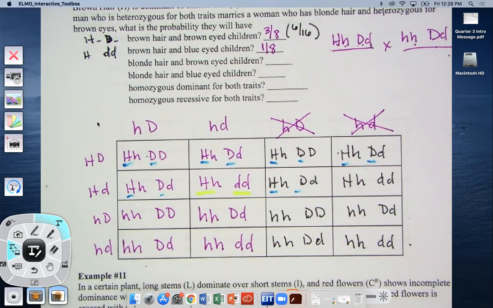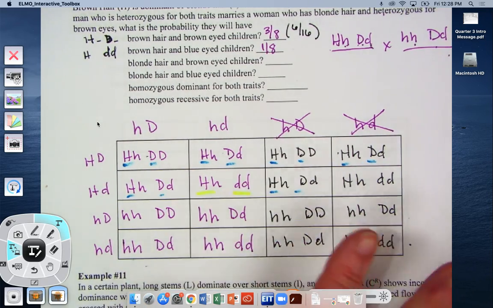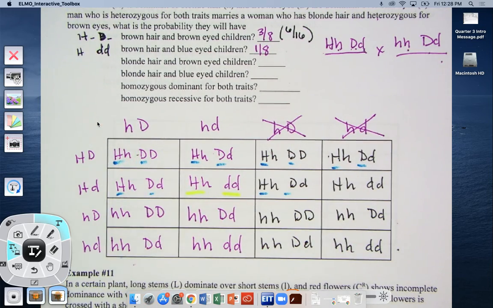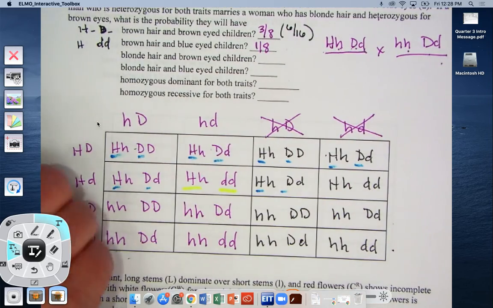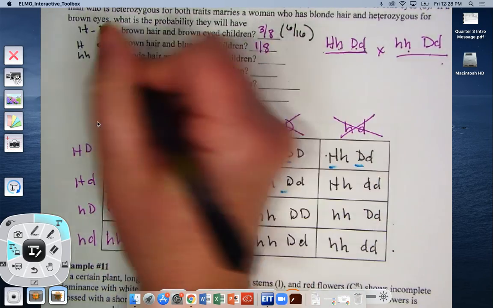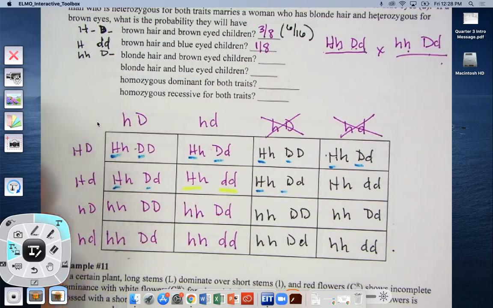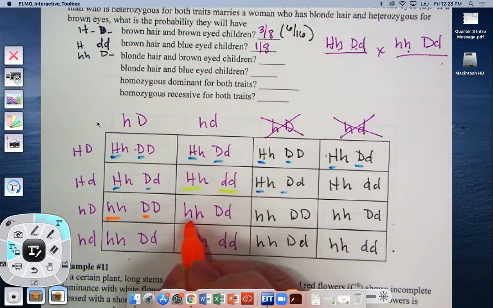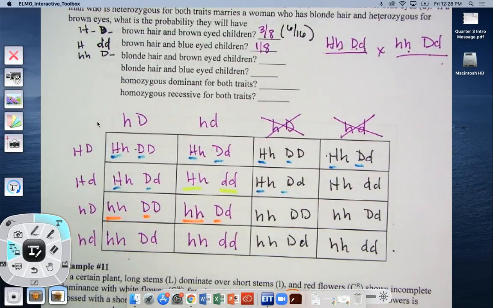Blonde hair, brown eyes. I changed that on your notes. Again, I made that mistake twice. Okay. So what are we looking for? We are looking for blonde hair, but capital.